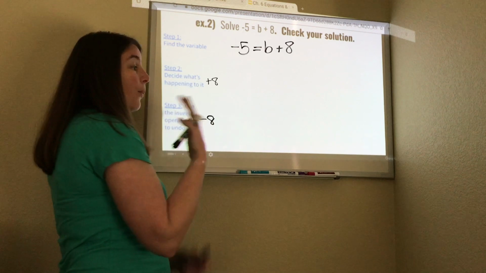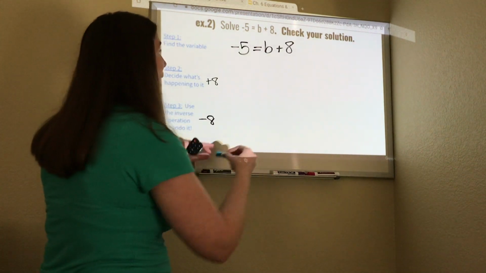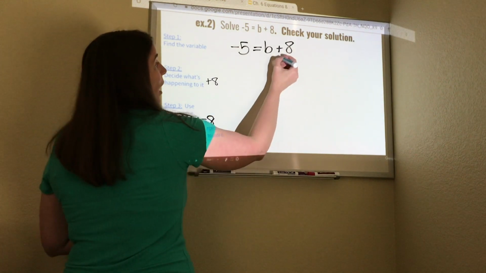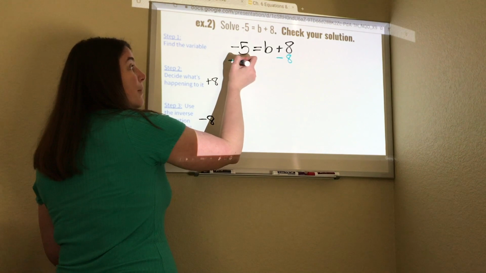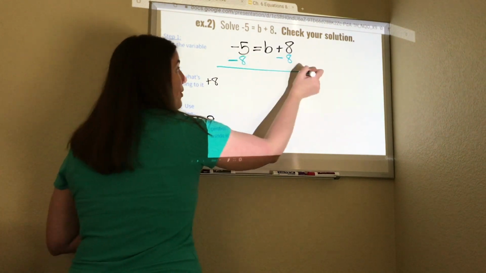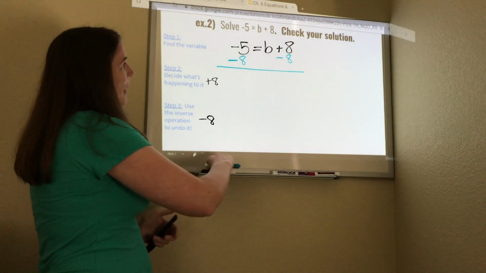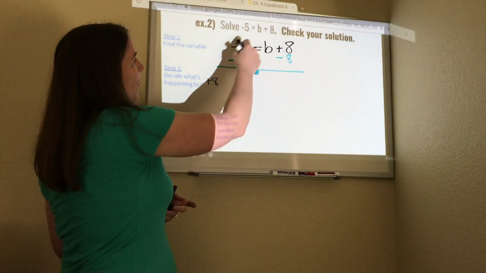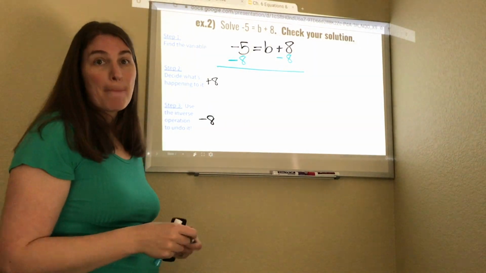Okay? Now, we remember with combining like terms, we're going to combine like terms. So I'm going to subtract 8 under the 8, because I can combine these, right? And I'm going to subtract 8 under the -5. Okay? So what am I left with? I have what on the left? I have -5 minus 8.